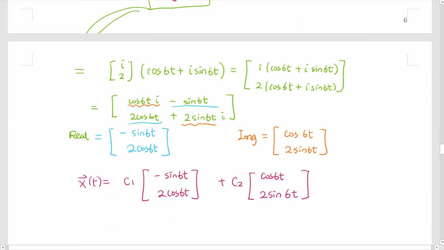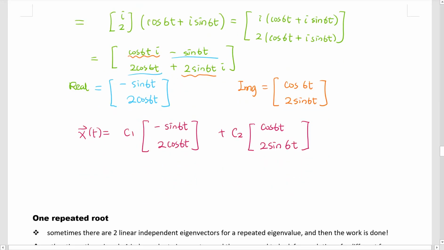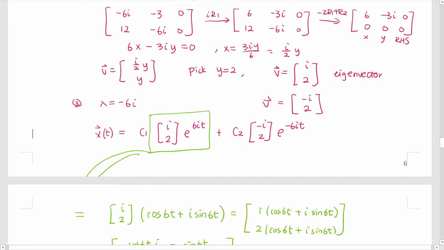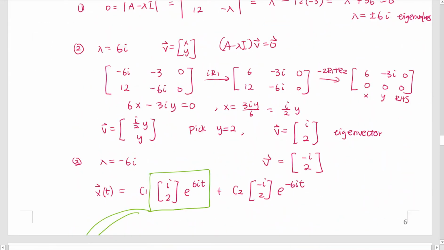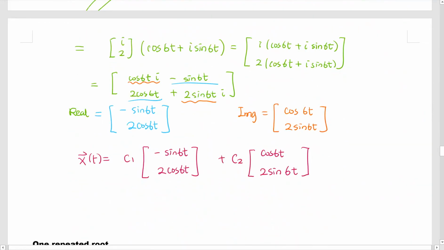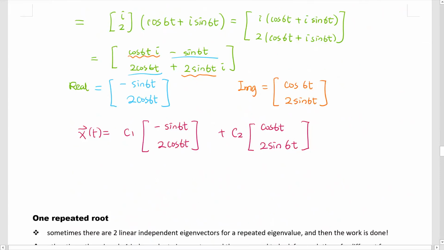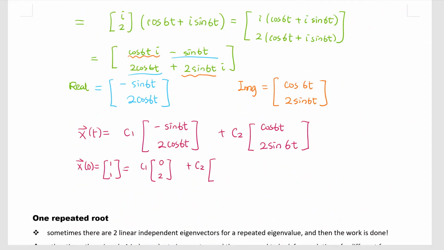And do we have an initial condition? Oh, yes. So our initial condition is 1 and 1. So let's solve that. We almost forgot. Or I almost forgot. You didn't, right? So x of 0 is 1, 1. When we plug in 0, what happens? Sine 0 is 0, cosine 0 is 1. Cosine 0 is 1, sine 0 is 0.